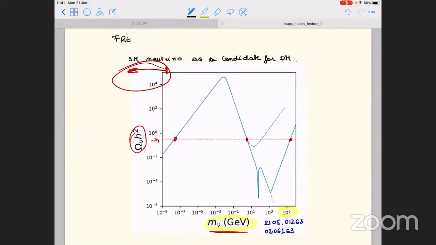My point is to discuss freeze out. I essentially want first to discuss how I get this point here and how I get that point here, and I will also mention that point. So what is the difference?